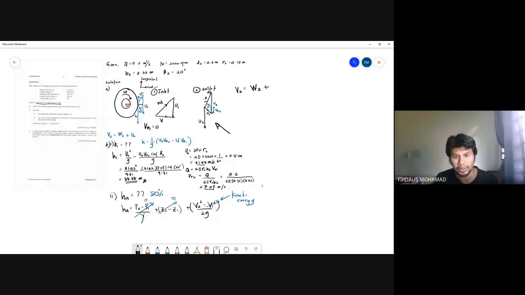Okay, so blade speed at point 2 is already determined. Now you need to find W2. Where is W2? This is W2.